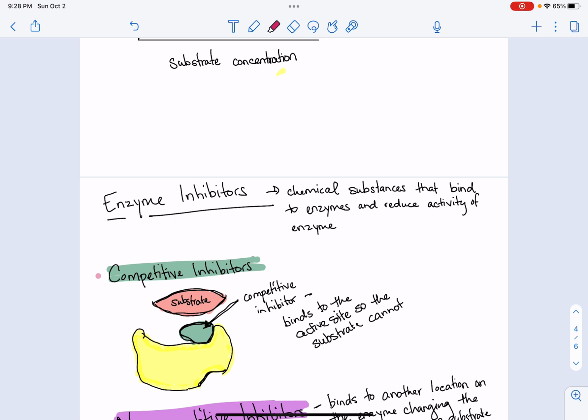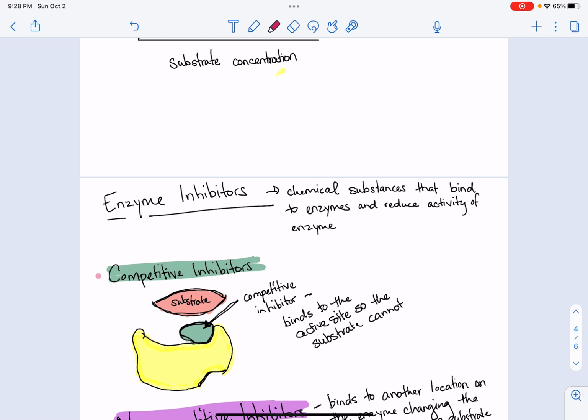Competitive inhibitors bind to the active site or part of the active site so that the substrate cannot bind at all. Or it can, but it will happen less frequently, is what I should say.